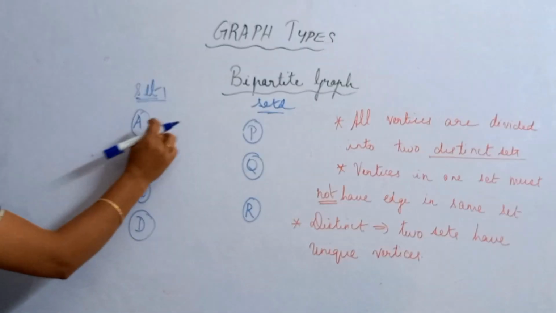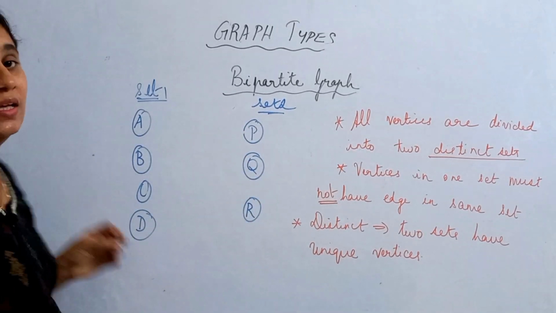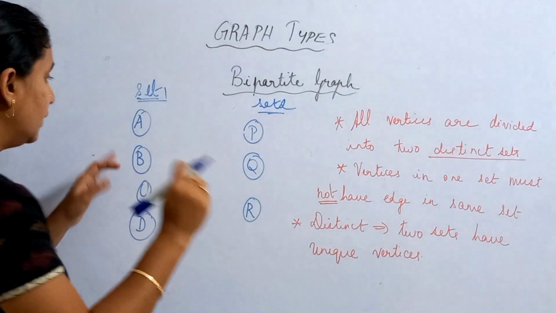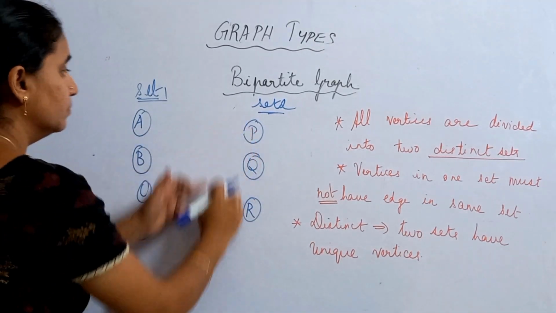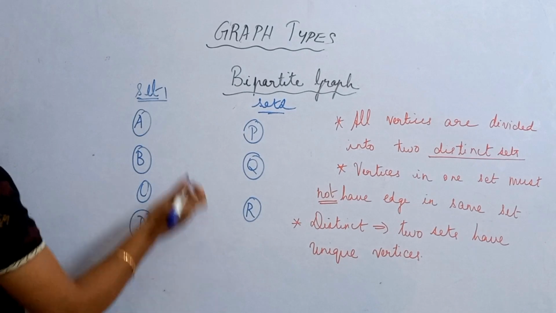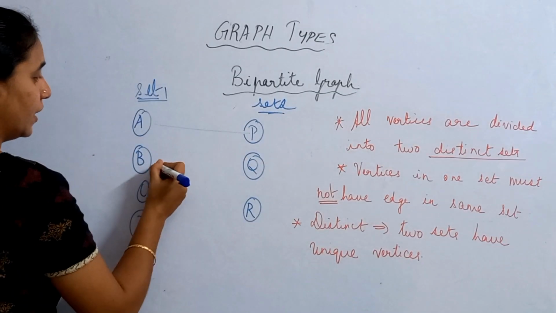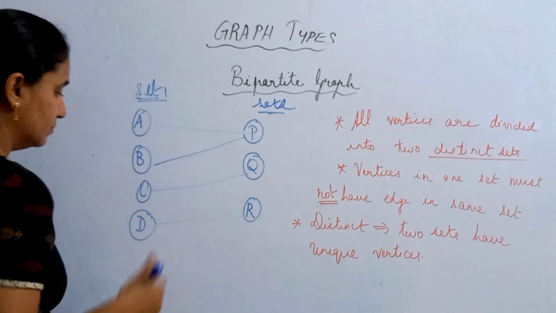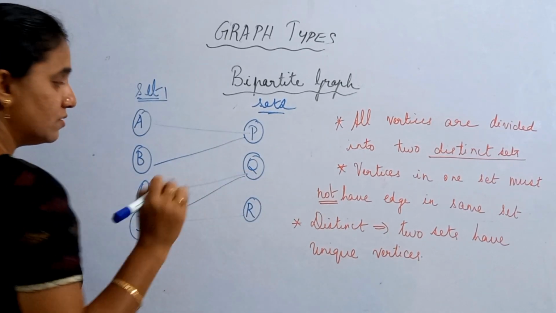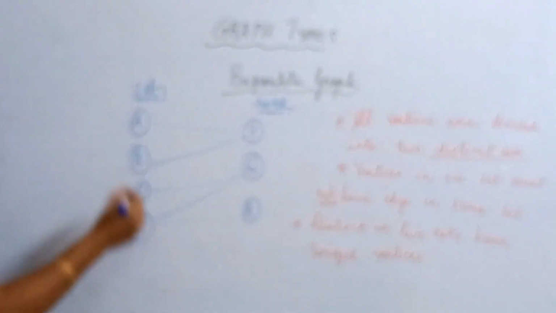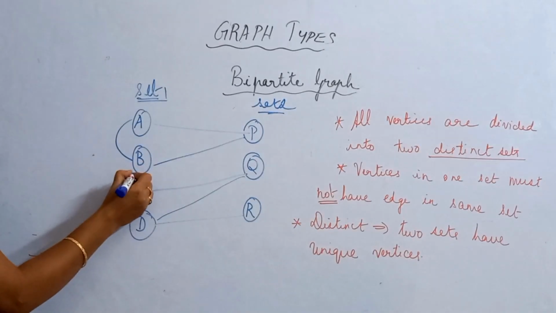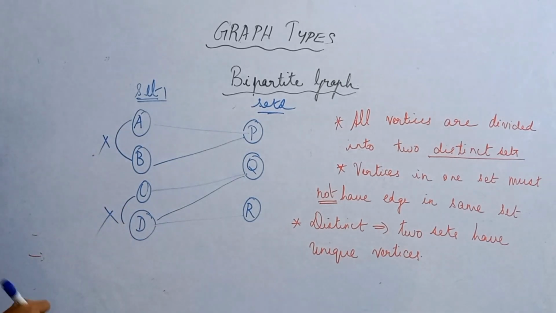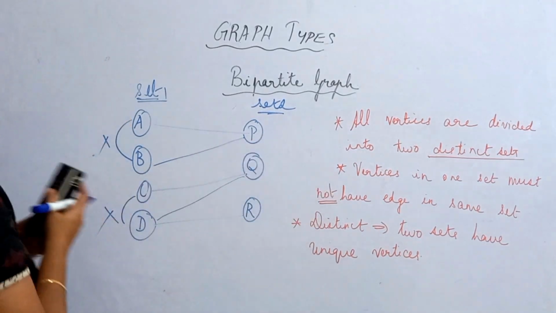We can connect these two sets, but we cannot connect within the same set. So I can draw like this, like this, like this and like this. Like this I can draw, but I cannot draw like this. So this is not allowed. That is the given condition.